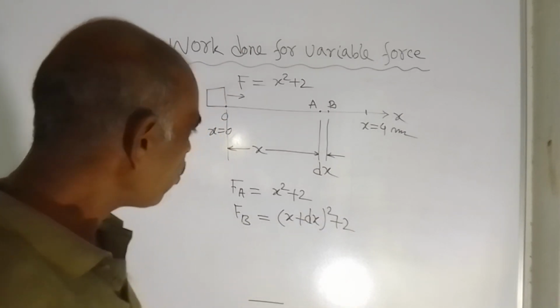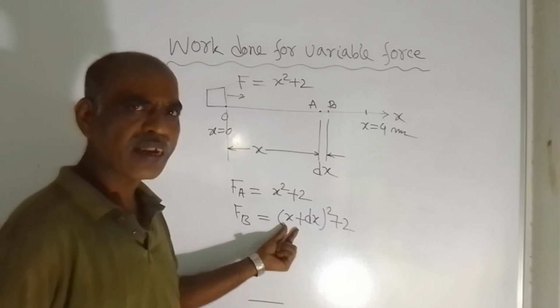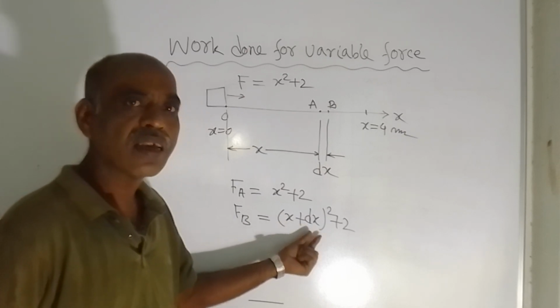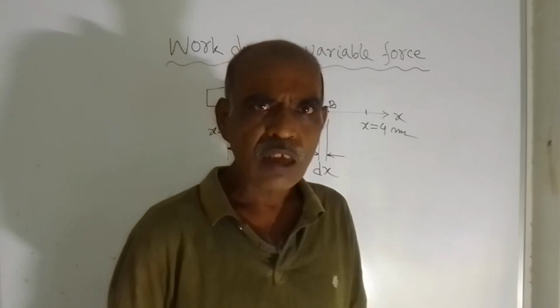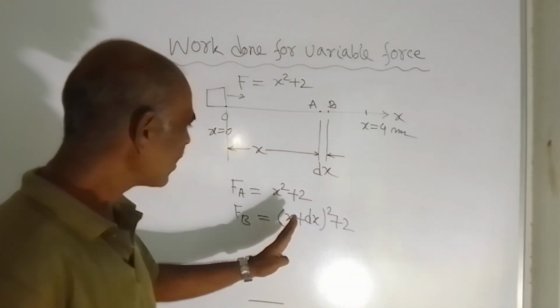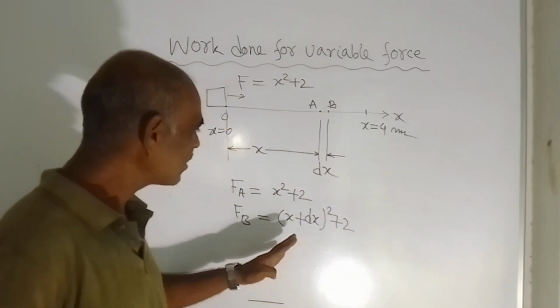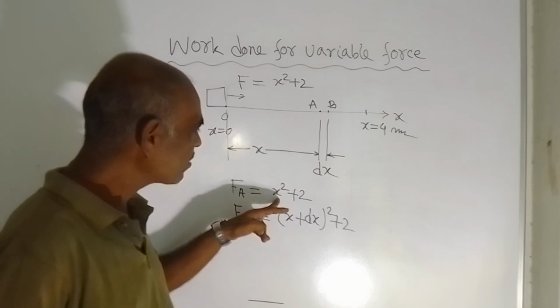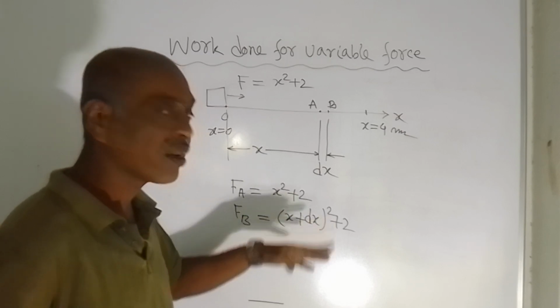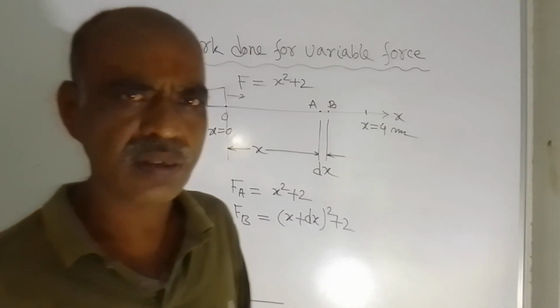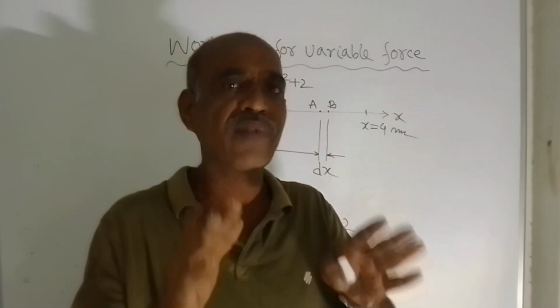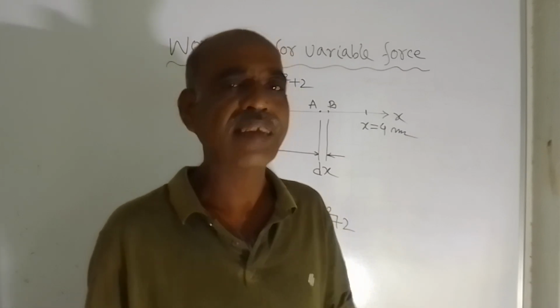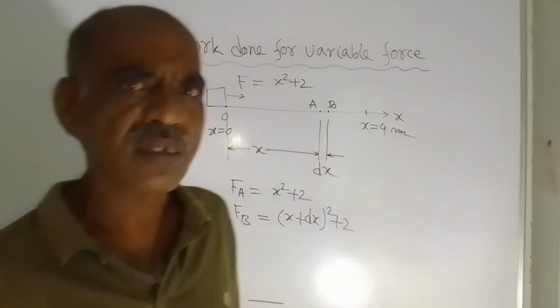Since x is a finite quantity and dx is an infinitesimally small quantity, if you add x with dx, then between the square of x and the square of x plus dx there will be actually no difference. Of course there is a difference, but it is very small and can be neglected at ease.